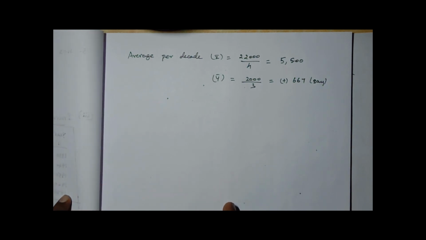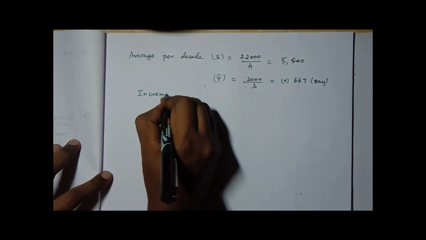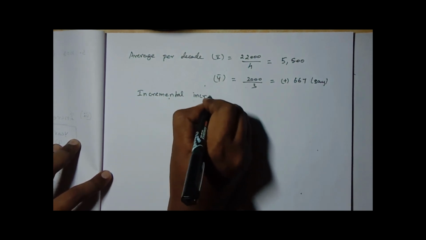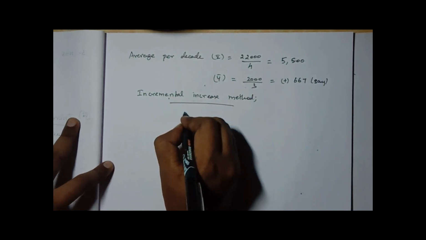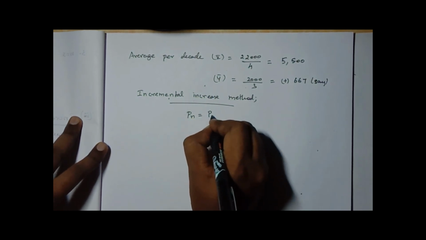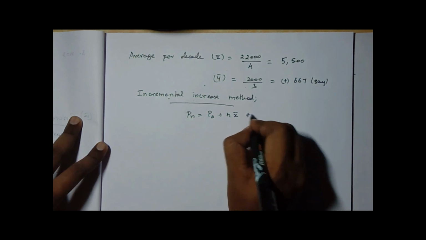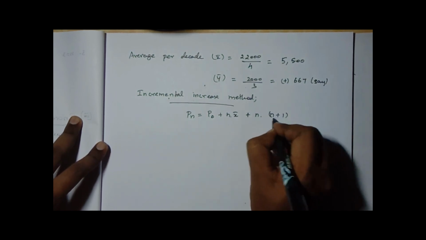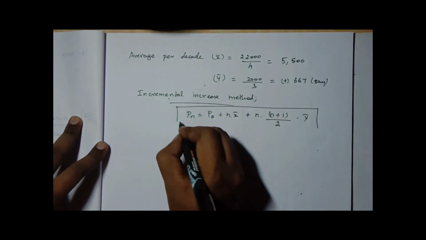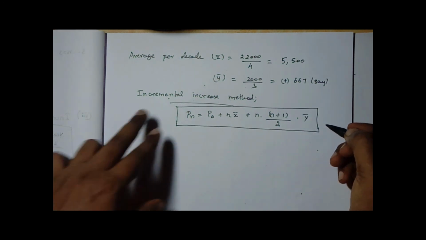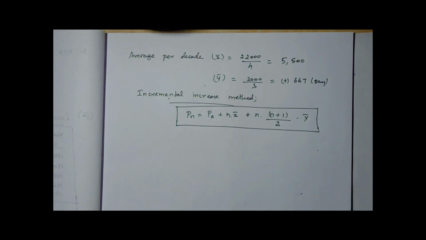And similarly here we have a formula for the incremental increase method: Pn is equal to P naught plus n into x bar plus n into (n plus 1) by 2 into y bar. So please note it down. This is a very important formula for population forecasting using the incremental increase method.